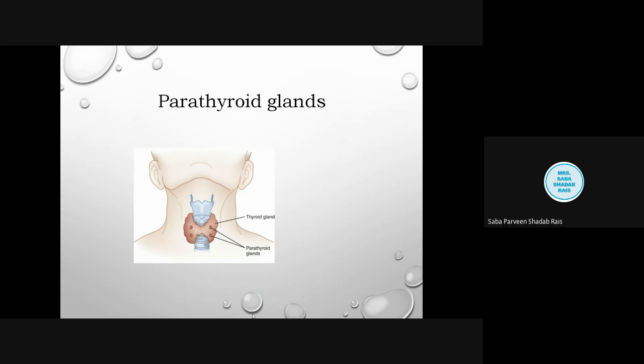Now their shape and size vary in different mammals, but in the case of humans they are approximately 0.02 to 0.5 gram. The mean size of a single parathyroid gland is approximately 5 into 5 into 3 mm. It produces the parathormone, that is PTH.